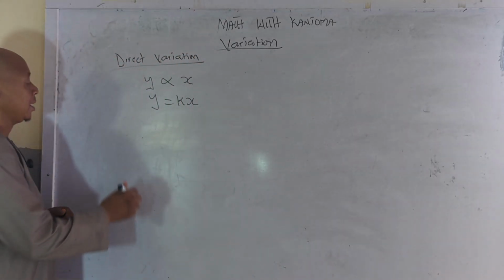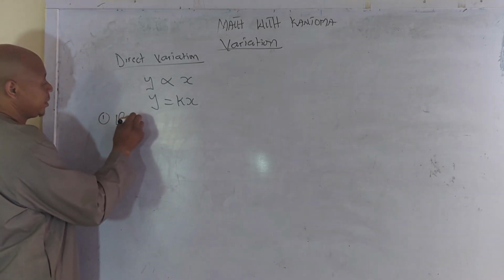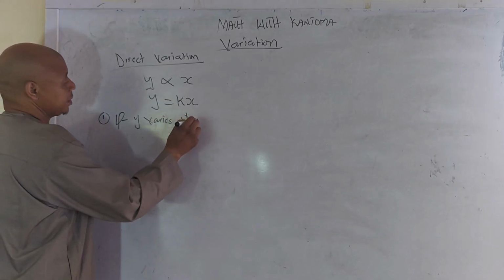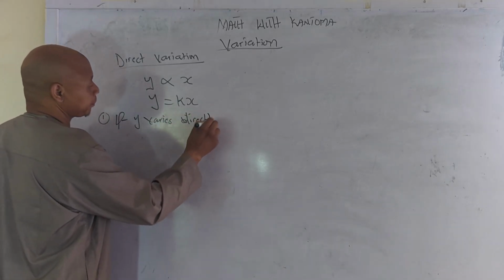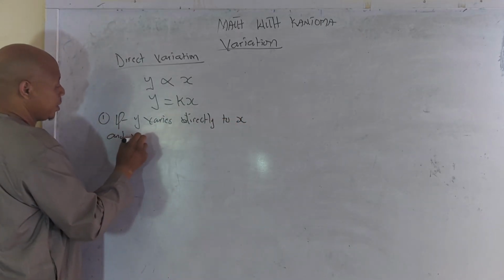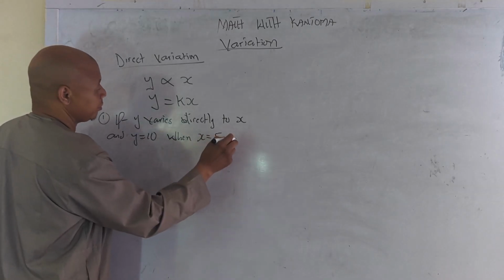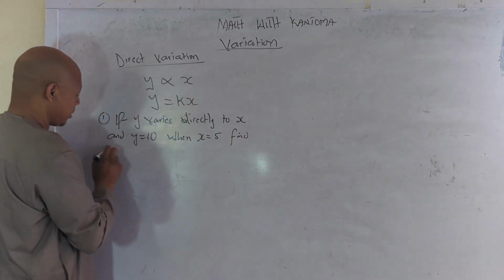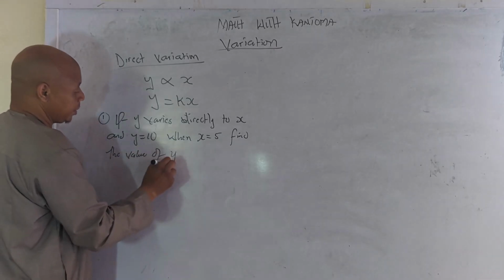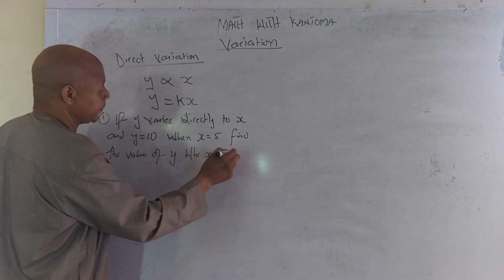Example 1 says, if y varies directly to x and y equals 10 when x equals 5, find the value of y when x is 15.